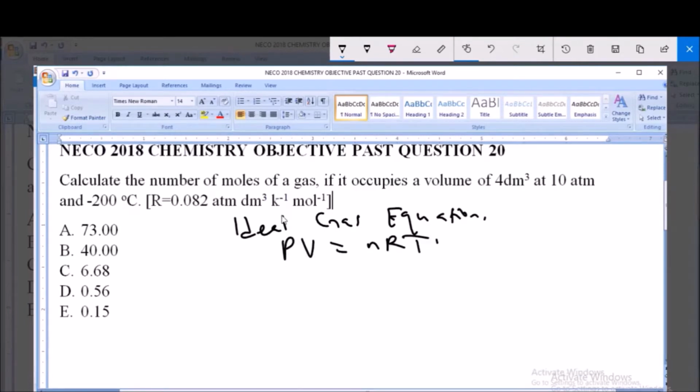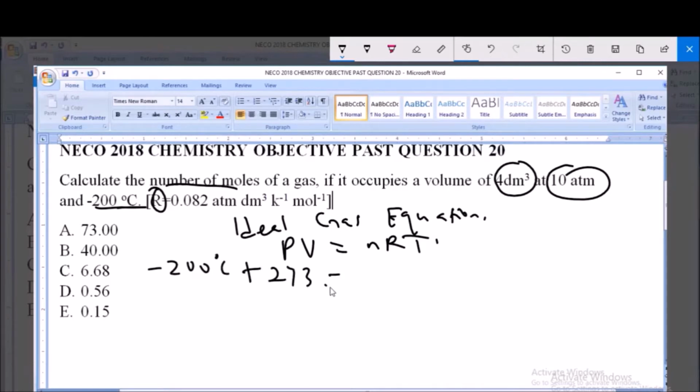Now where P is the pressure, which we have here as 10 atm, V is the volume in dm cube, n is the number of moles, R is our ideal gas constant, and T is the temperature in Kelvin. So our temperature here is in degrees Celsius, so the first thing to do is we'll convert our temperature to Kelvin. So minus 200 degrees Celsius to Kelvin will be plus 273, which is equal to 73 Kelvin.